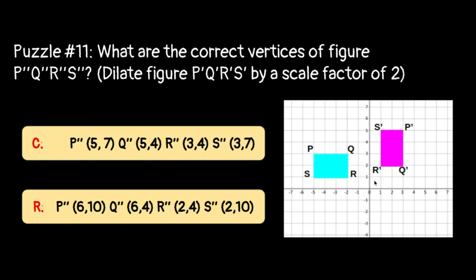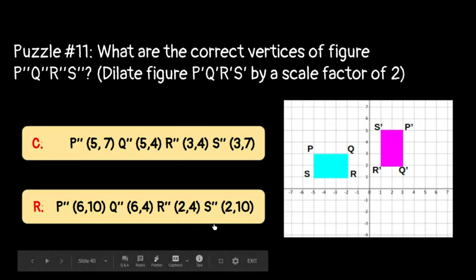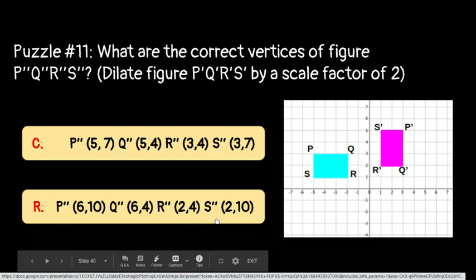So again, what is your new coordinate of S double prime after using a scale factor of 2? So we see that S double prime is located at 2, 10. And again, we know this because if our original S prime was at 1 and we multiply that by 2, we get 2. Our original Y for our S prime was at 5 and we multiply that by 2, we get 10. So that means our answer must be R here.